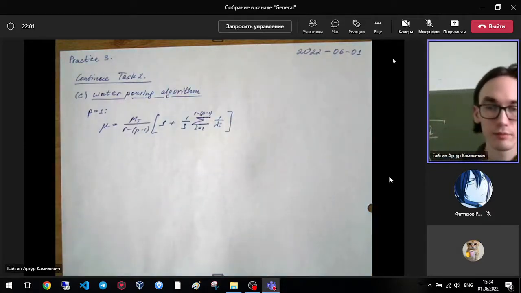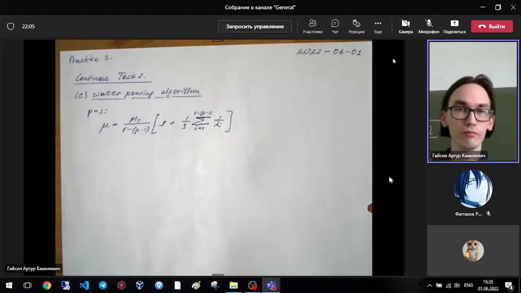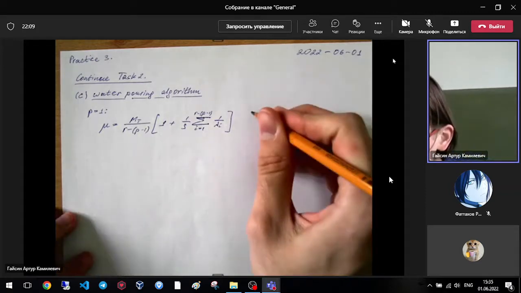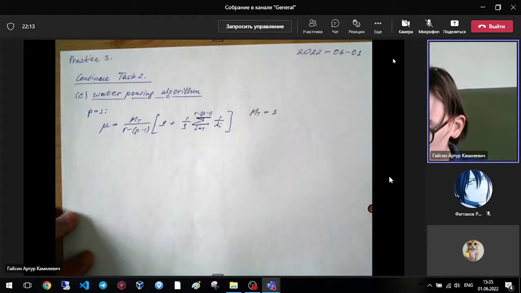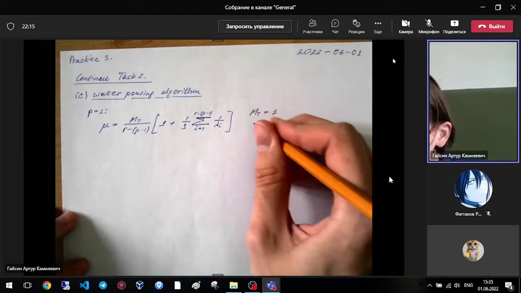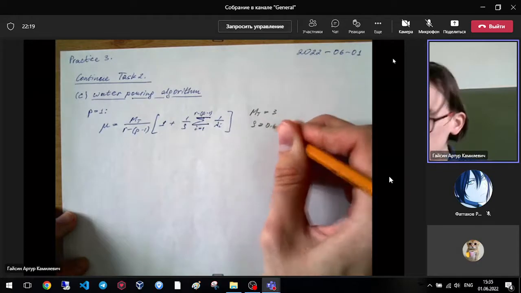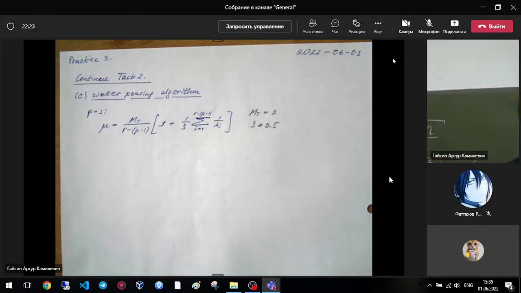And let me introduce here, to refresh in your mind, MT is equal to 3 in our case. Then our signal to noise ratio is equal to 0.5. This one is from subtask A, as I remember.